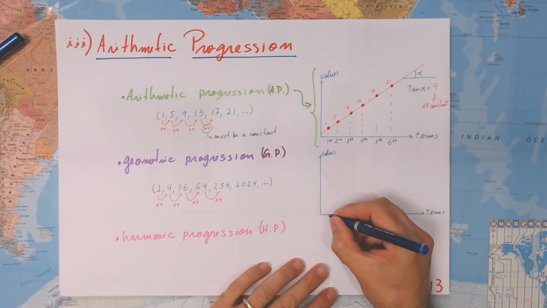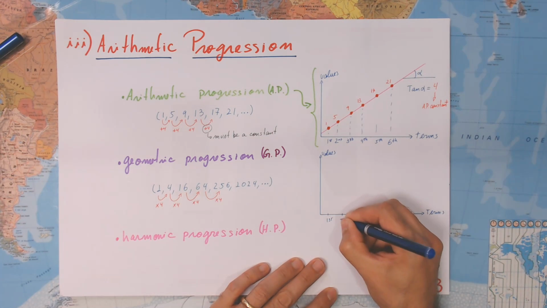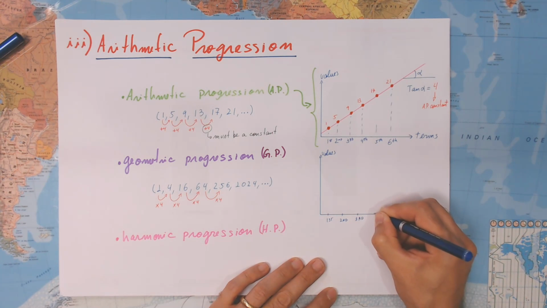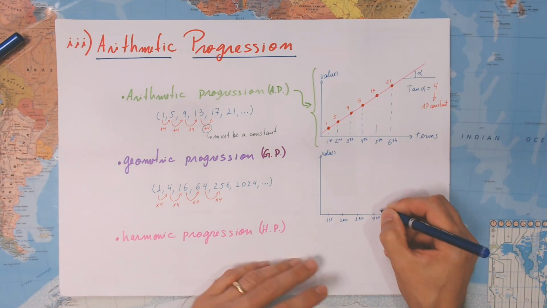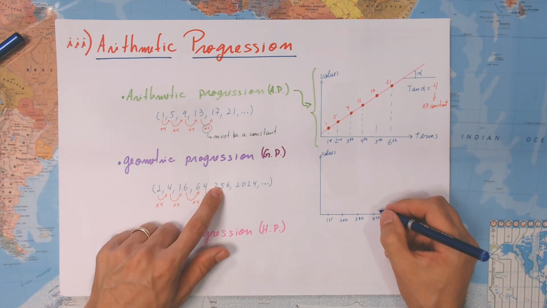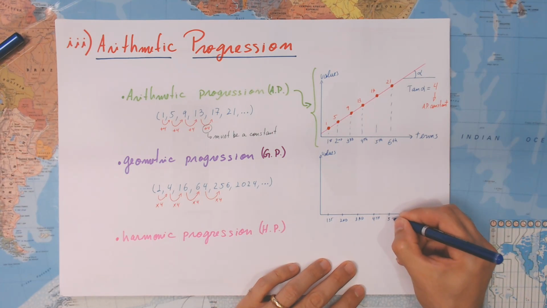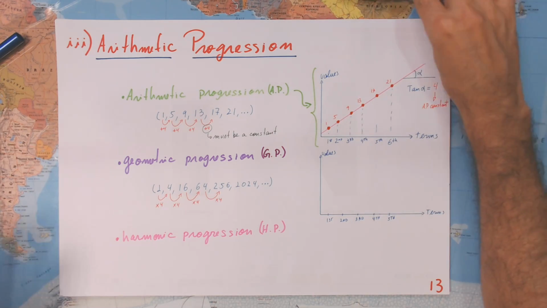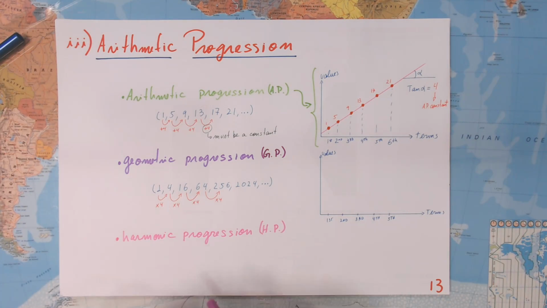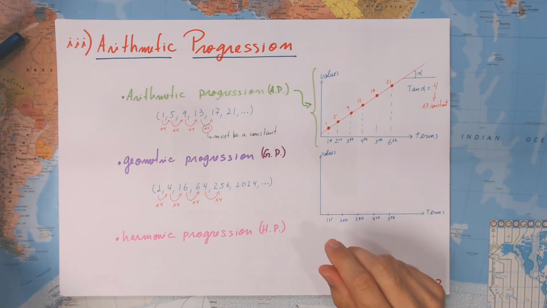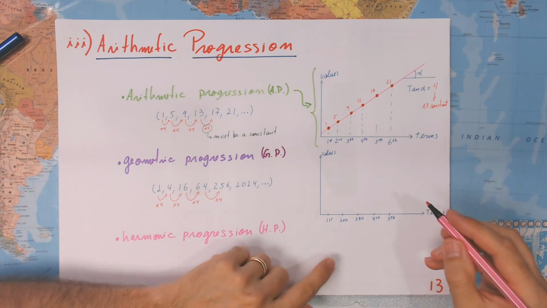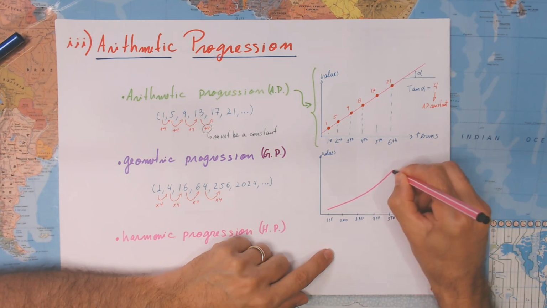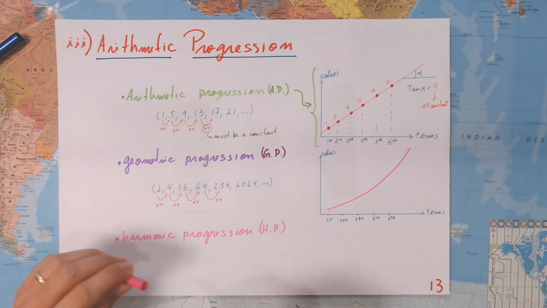Like first term, second term, third term, fourth term, 1, 2, 3, 4, 5. I'm going to put fifth, but I'm not going to be able to plot that. I'm going to use all the same pattern. This is an exponential growth, okay?